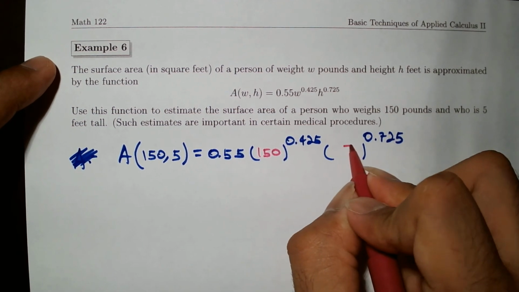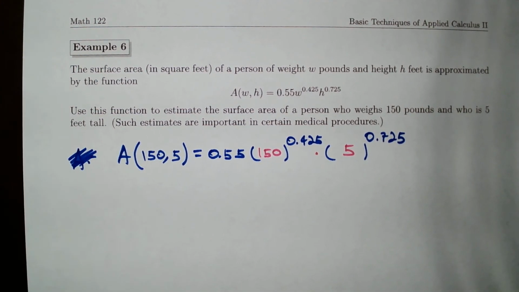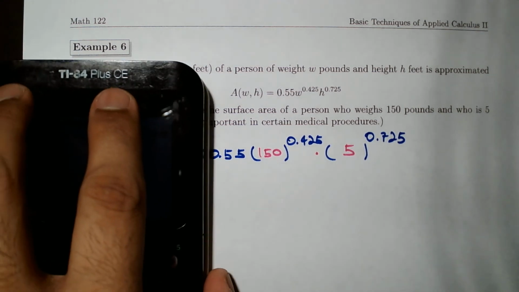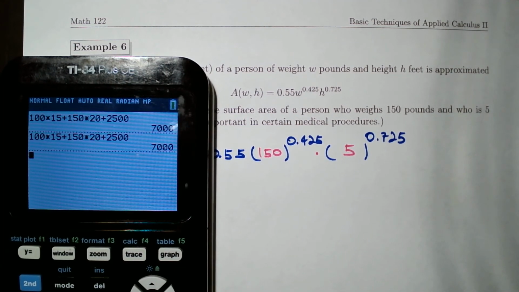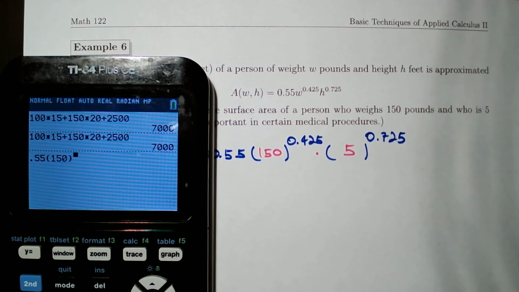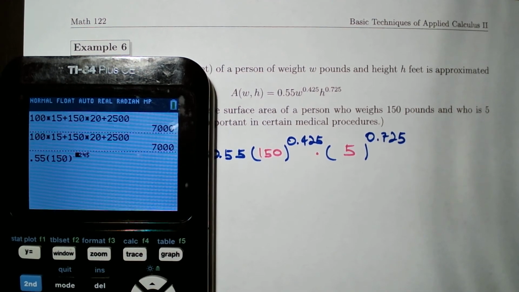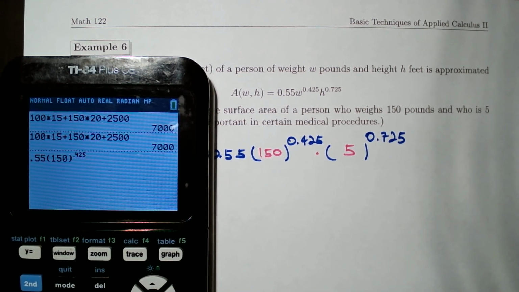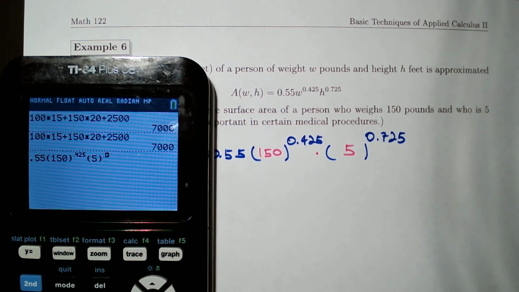So let's plug in the numbers. 150 here and 5. Keep in mind this is a multiplication. Again, let's just use a calculator for this. So I'm going to type 0.55 times 150 raised to the 0.425, times 5 raised to the 0.725.